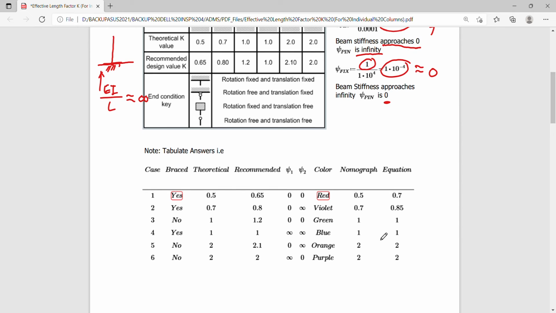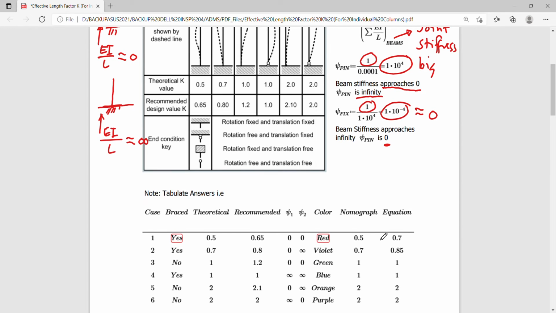So for the next procedure, we tabulate the 6 cases using this table, noting that we have to consider if the columns are braced against lateral translation or not braced against lateral translation.